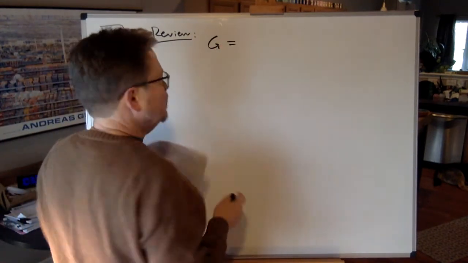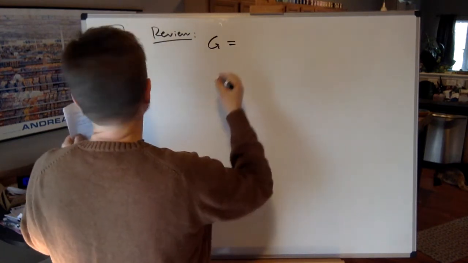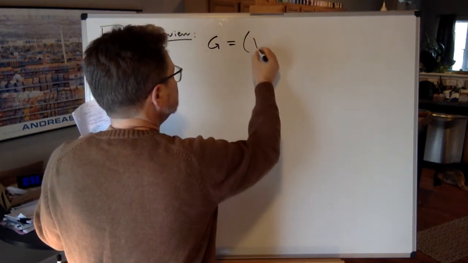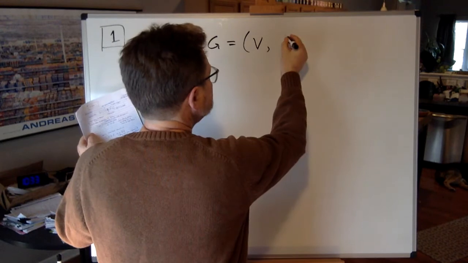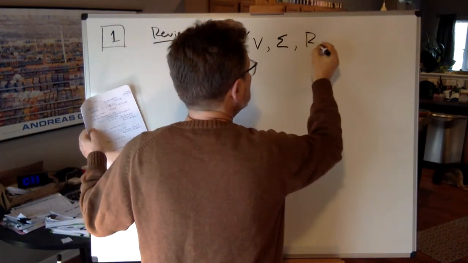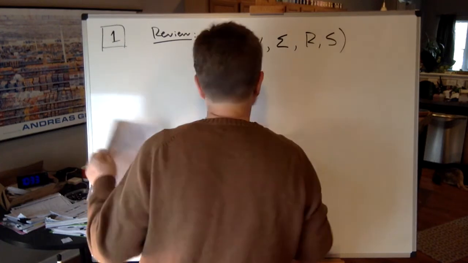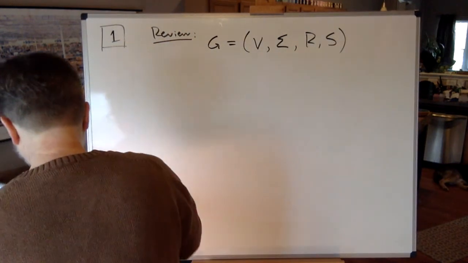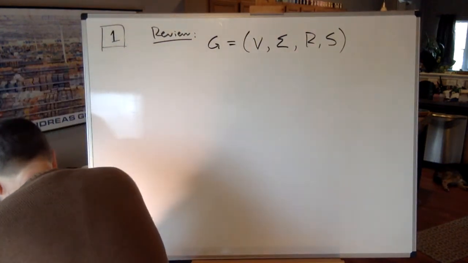A grammar, represented by capital G, is a four-tuple: V, capital sigma, R, and S. I'll elaborate and put what those pieces are.